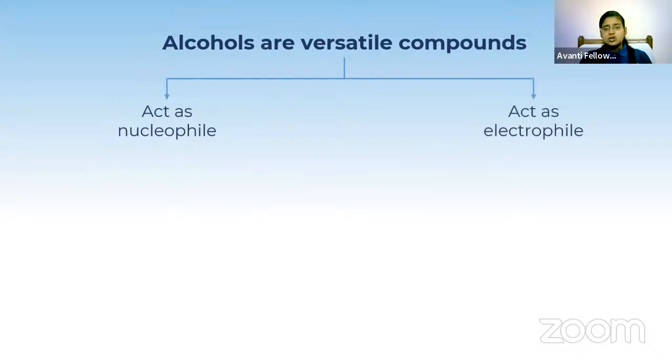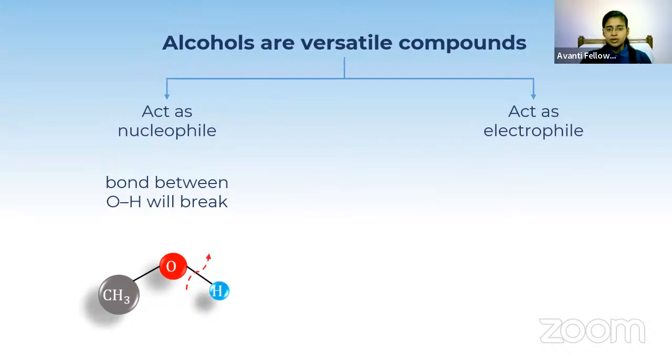The reactions are classified first on the basis of the breakage of the OH bond. This is the alcohol, and the bond between O and H will break. All the reactions which involve the breakage of the OH bond will have the alcohol acting as a nucleophile.